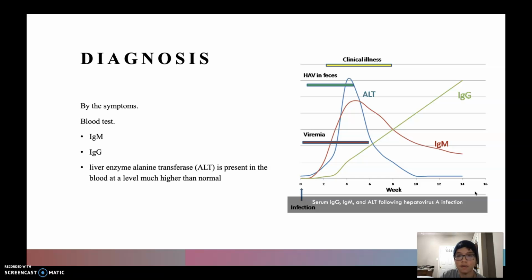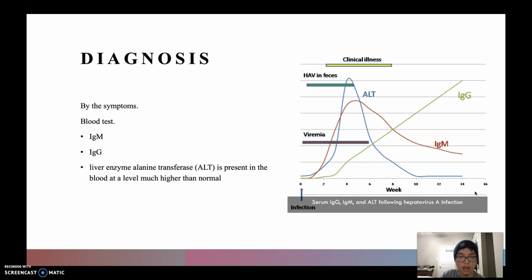So obviously the first antibody to respond is IgM. Second one, IgG. This is only present in persons who have been vaccinated, and the presence of IgG means that the illness has passed its acute stage, and the person will be immune to further infection.